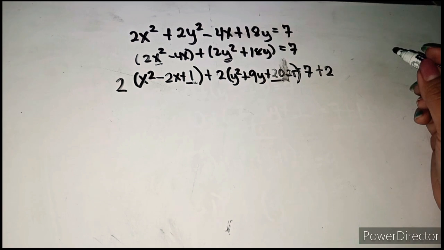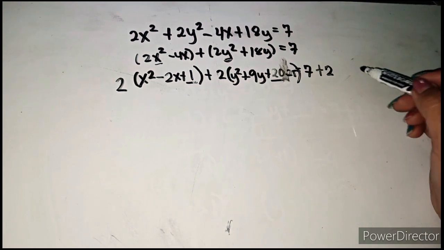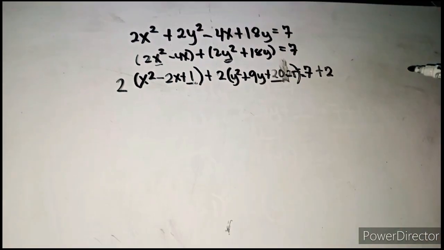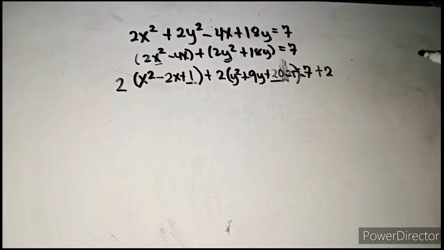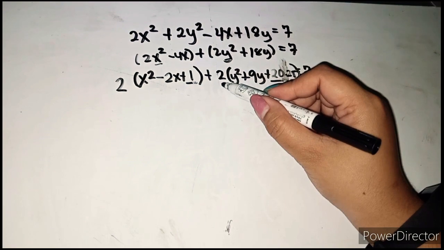Okay? Ayan. So, yung 20.25 po na yon, hindi pa po yun yung ating i-add ulit sa labas. Since meron pa tayong number na naka-factor out doon. So, ang gagawin, multiply po natin ulit. Third term at saka yung number na finactor out natin.